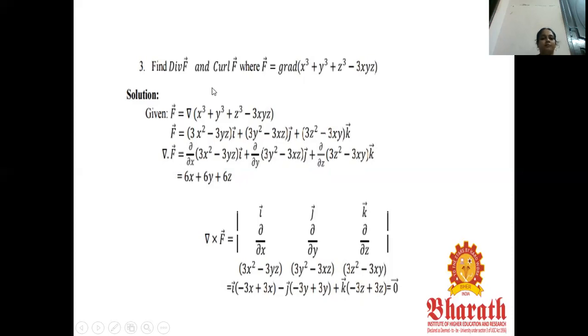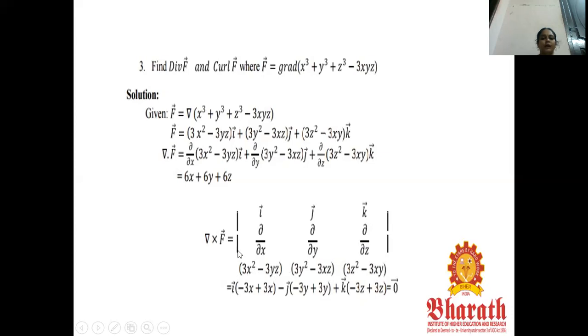Second one is curl f. The curl f is denoted by del cross f. Del cross f is equal to the determinant i vector, j vector, k vector, dou by dou x, dou by dou y, dou by dou z. Next f vector is 3x square minus 3yz, 3y square minus 3xz, 3z square minus 3xy.